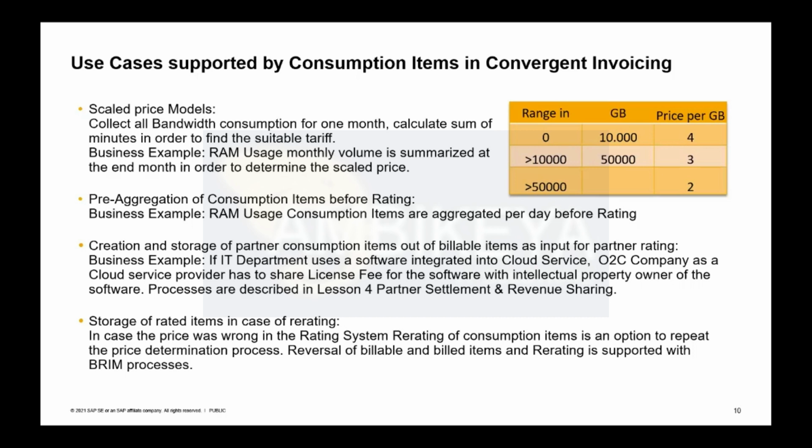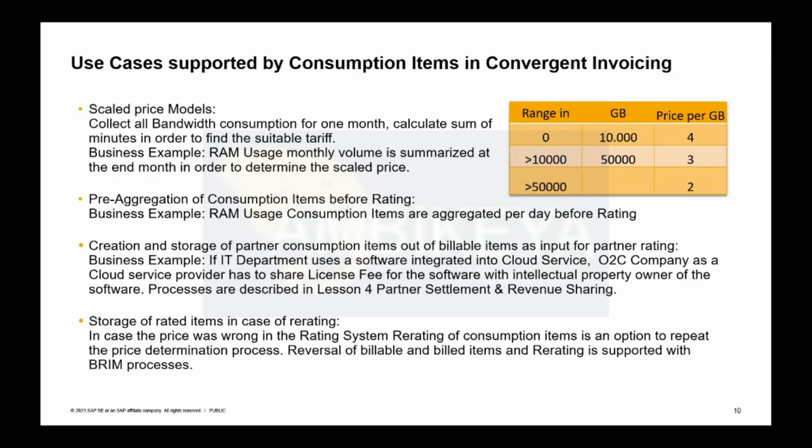The next process is, for example, if we have partner revenue in place and we want to do the rating for the consumption items of the partner, then it's also an option to use the consumption item management for the partner revenues.